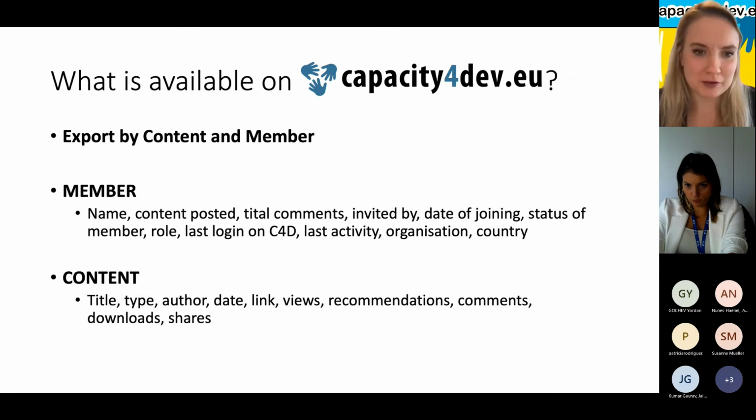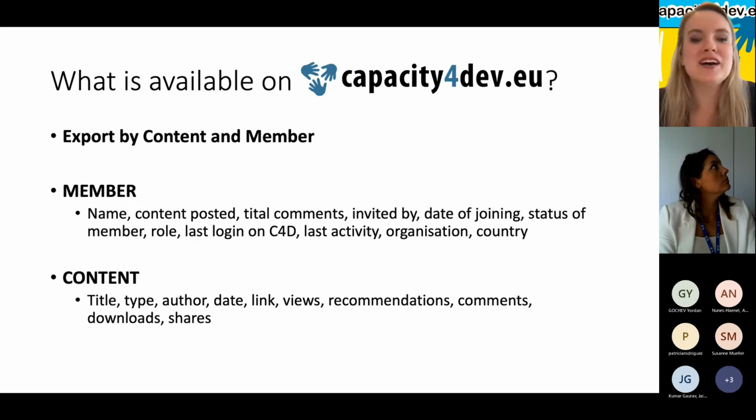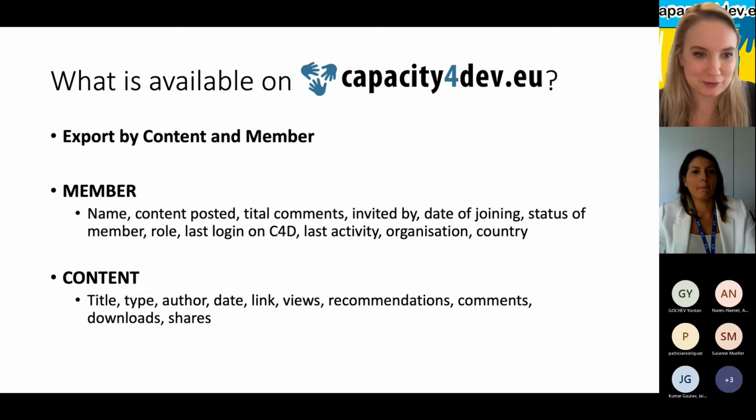I have some kind of typo there, and I cannot even understand what I wanted to say by the title comments, but let's say that it should be the number of comments that the member actually published on Capacity4dev.